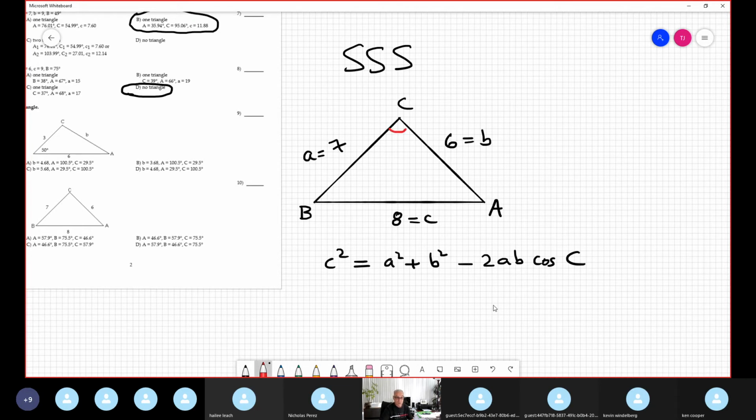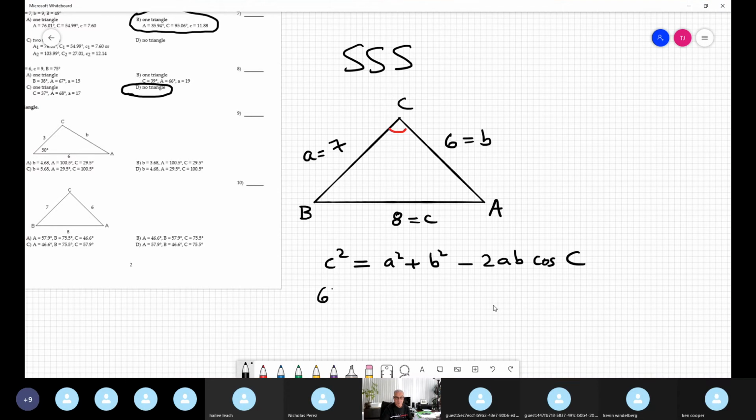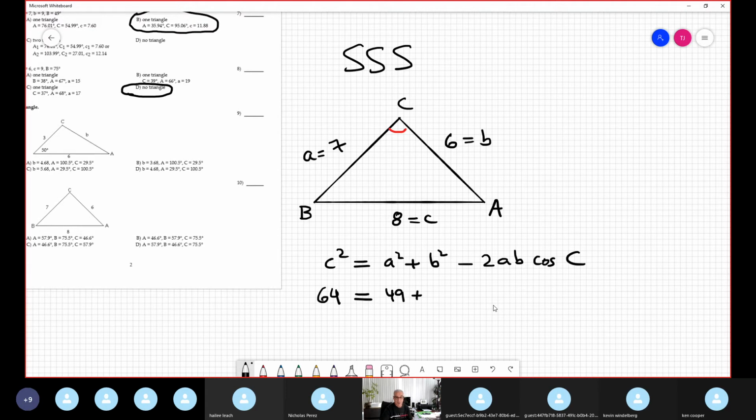Okay, let's do it. C squared is 64, equal to A squared, which is 49, 7 squared, plus B squared, which is 36, minus 2. Don't forget that 2, guys. When I was a student, I always forgot that 2. I don't know why.